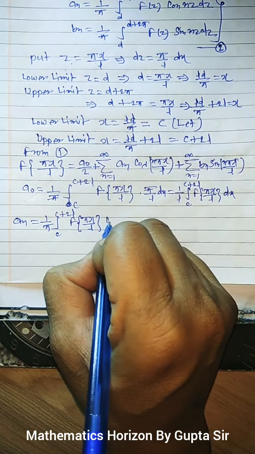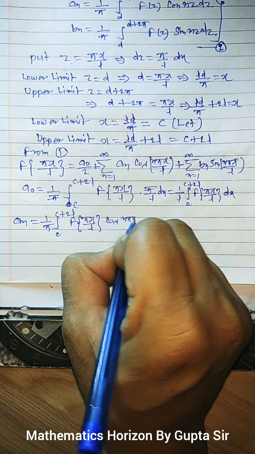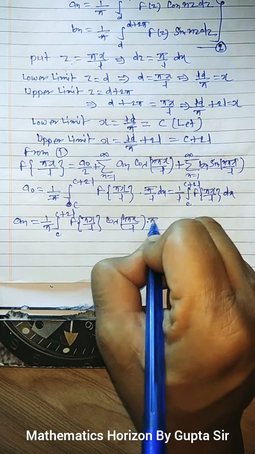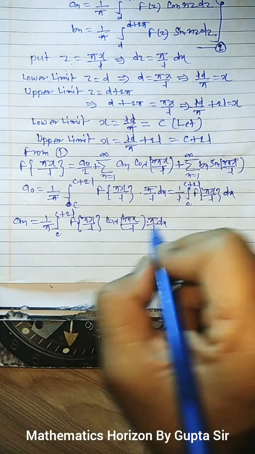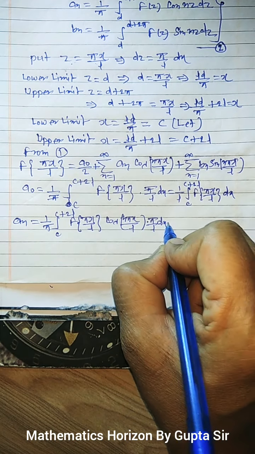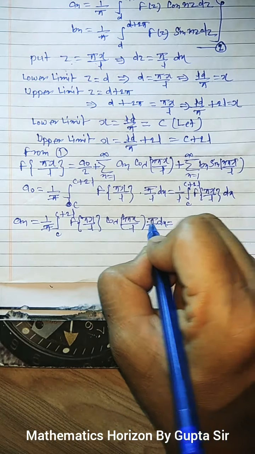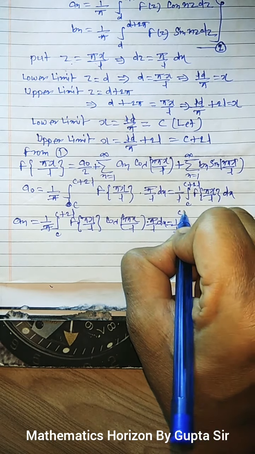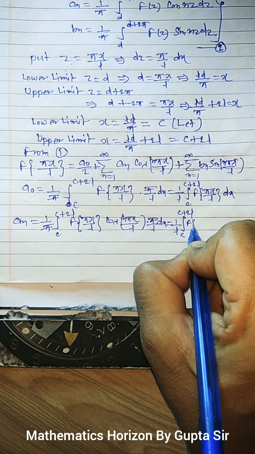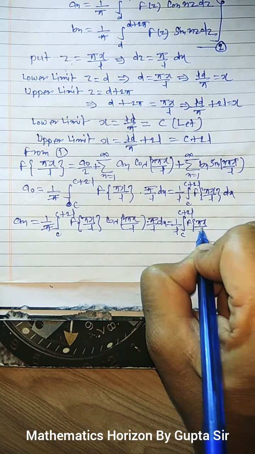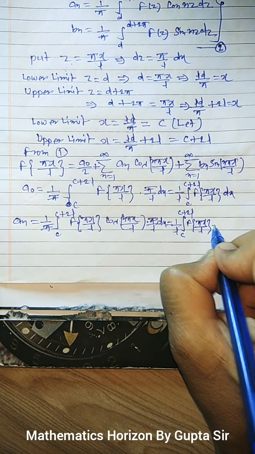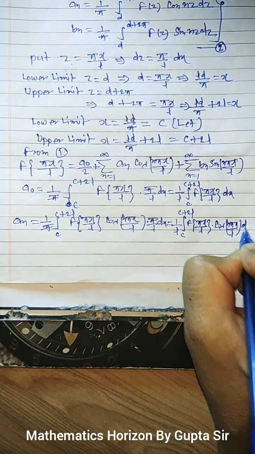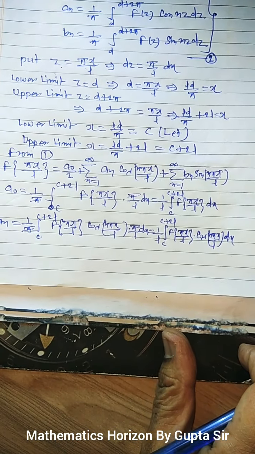Cos nz means cos n pi x upon L, and dz means pi upon L dx, so this pi cancels out. 1 upon L integral from c to c plus 2L of f(pi x upon L) cos n pi x upon L dx.